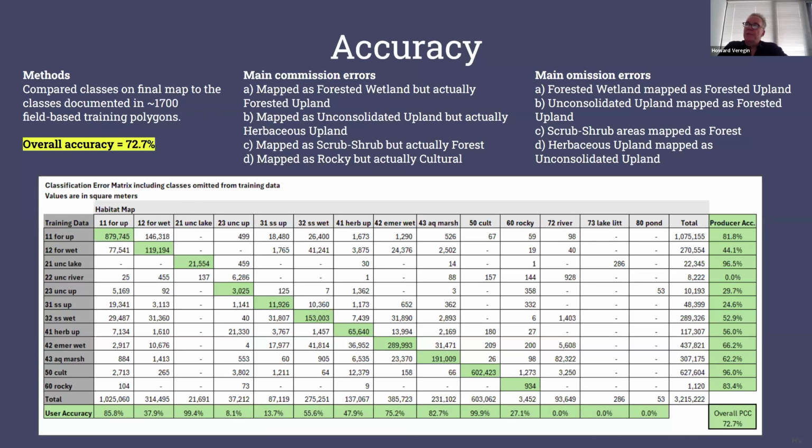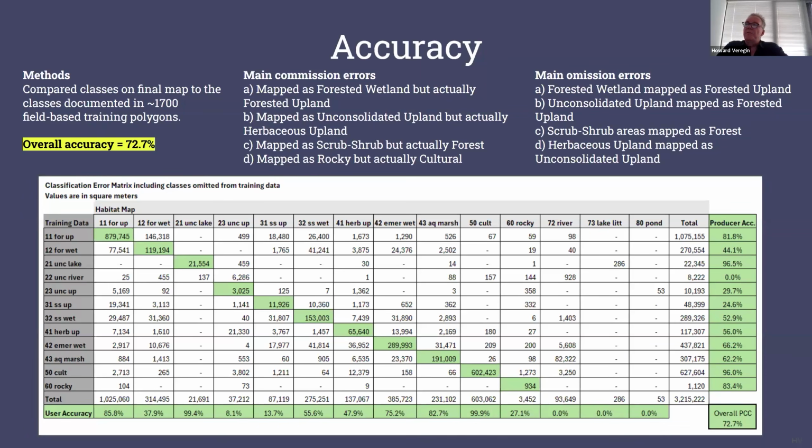Scrub shrub versus forest, rocky, and cultural. That kind of makes sense because those spectral signatures often look kind of the same. So there are a few things that could be tweaked and improved, but overall we were not too unhappy with our classification error results. I think this is fairly typical of this type of work.